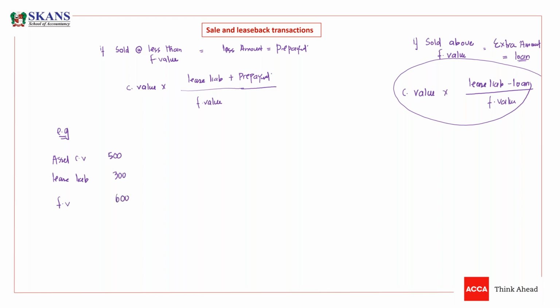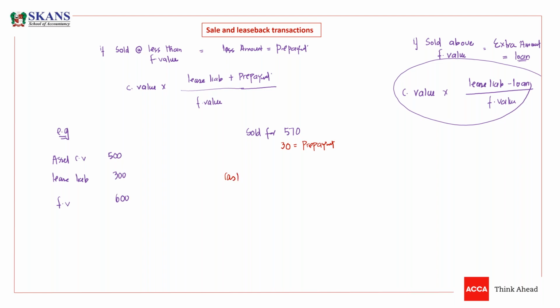Now in this situation, I'm selling it for 570. How much less am I receiving? How much is the loss at the time of sale? 30. Yes, 30 is the prepayment. So what should be the journal entry now?